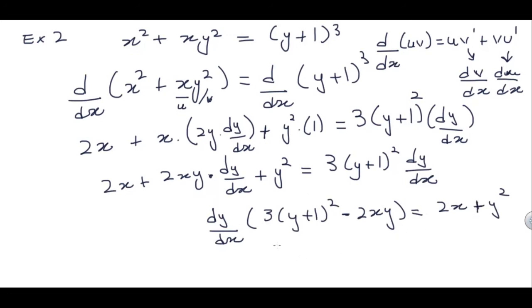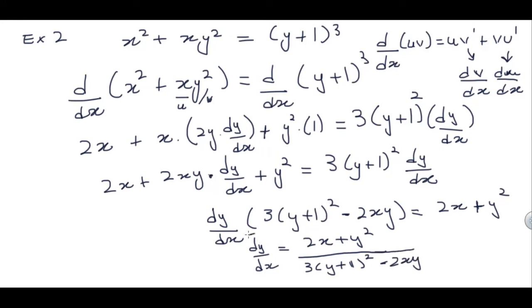Now, simplifying the result, we get 2x plus y squared divided by 3 times y plus 1 squared minus 2xy. So here we go.